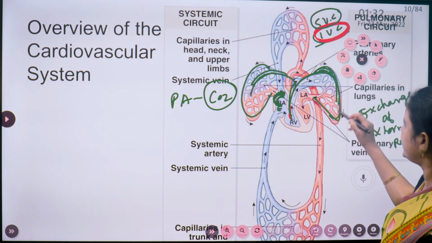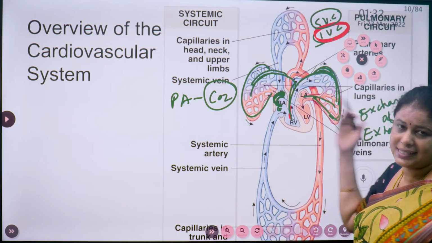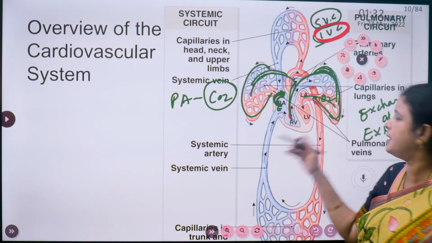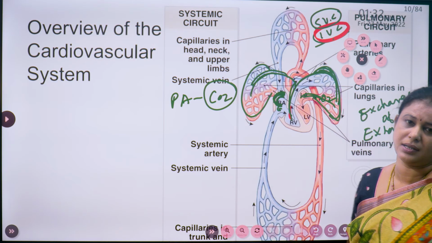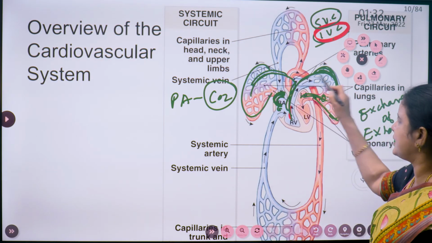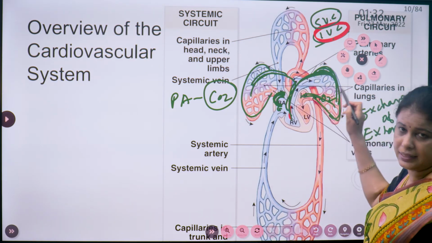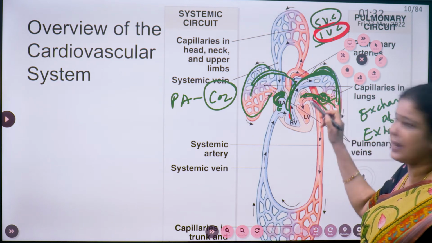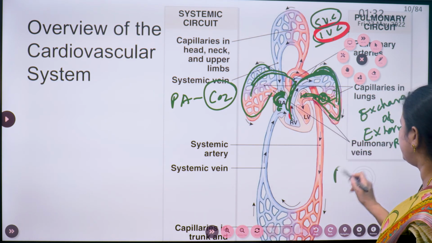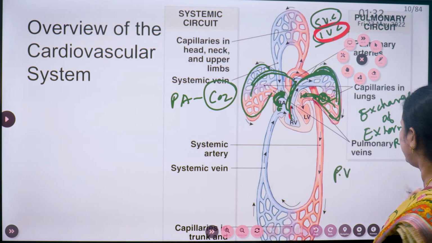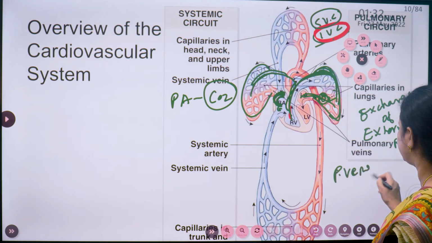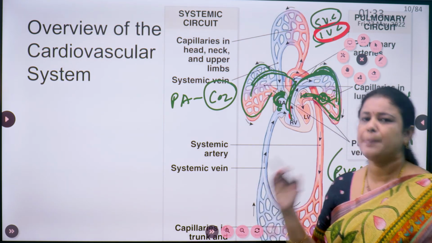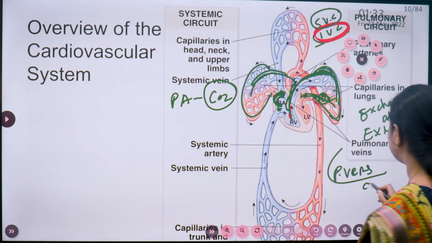After the exchange of gases, oxygenated blood will come back to the heart. Deoxygenated blood is pumped into the lungs, and from the lungs oxygenated blood comes back to the heart through the pulmonary veins. Pulmonary arteries carry deoxygenated blood, while pulmonary veins carry oxygenated blood.